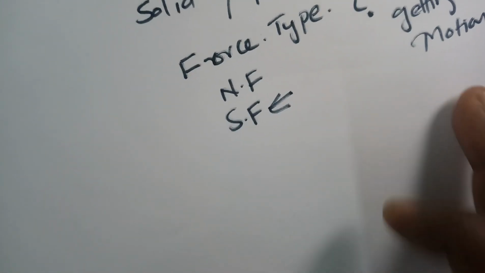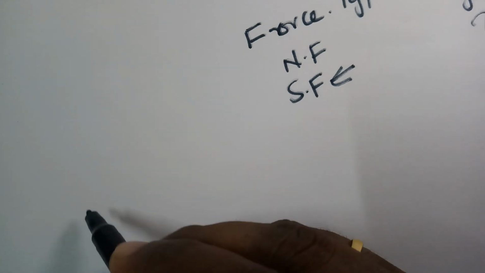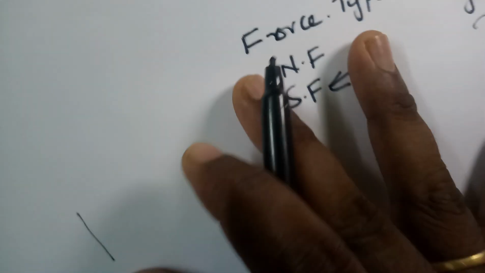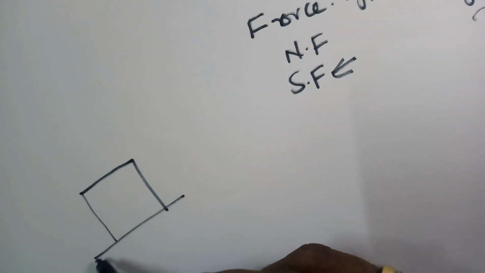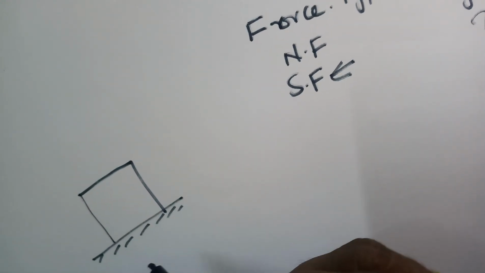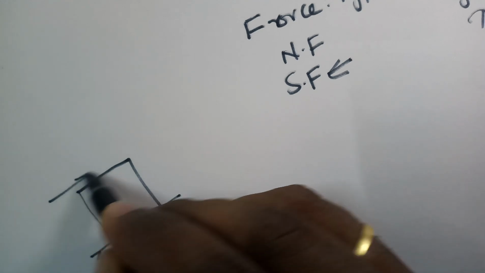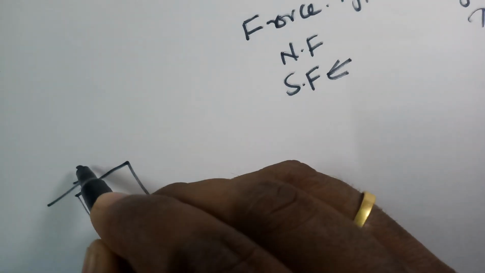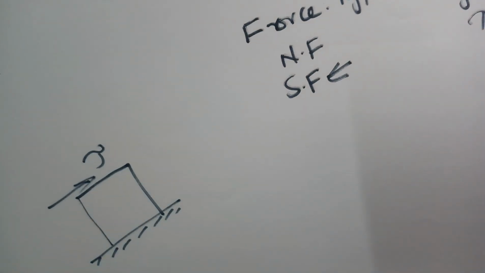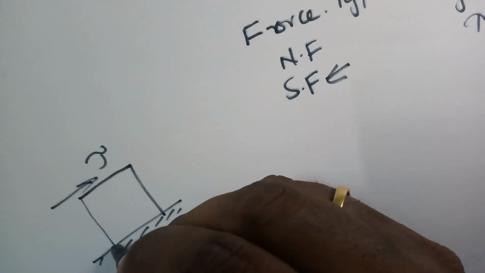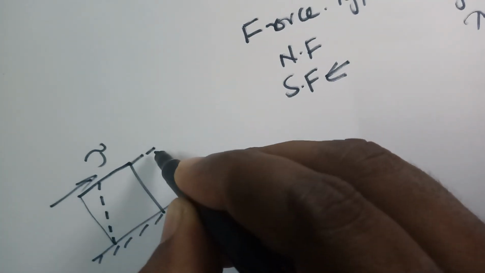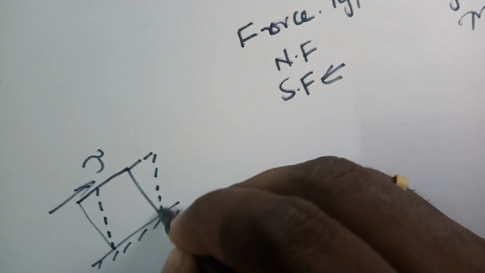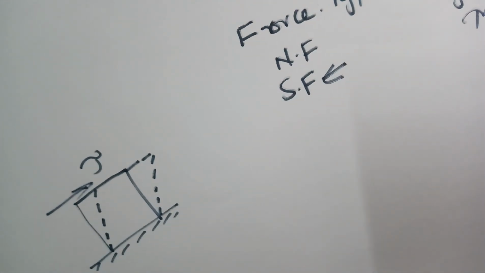Let us see the difference between solid and liquid. Suppose, for example, this is a solid. If you apply a force on a solid body, which is a type of shear force, then you can see there is a deformation in the body, a change in shape.